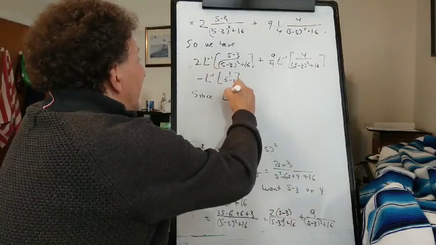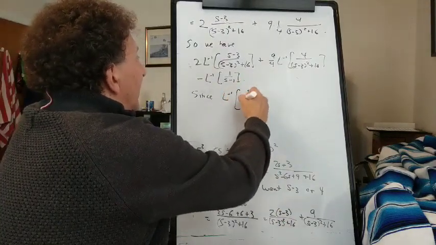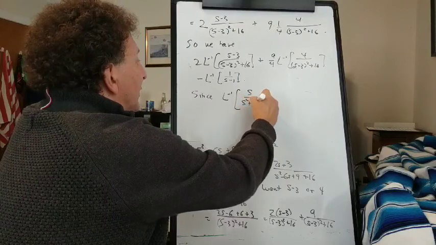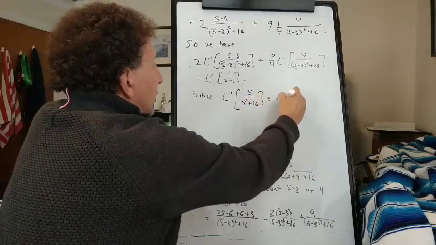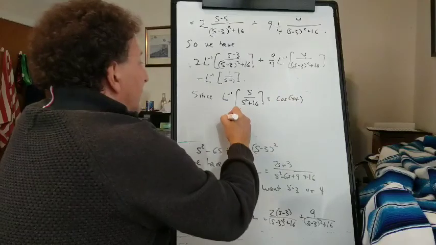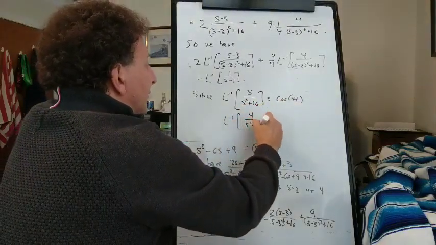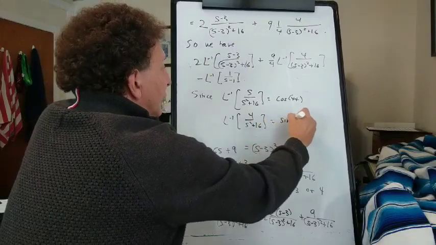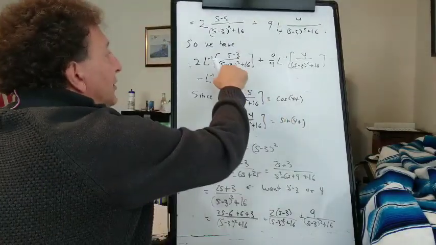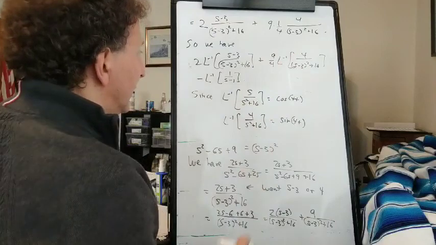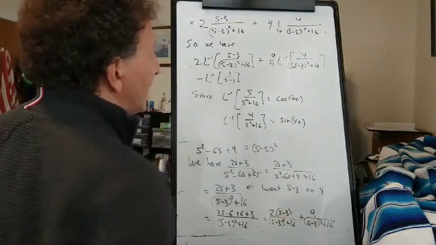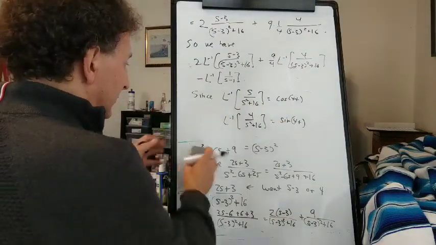Alright, now since L inverse of s over s squared plus 16 equals cosine of 4t, and L inverse of 4 over s squared plus 16 equals sine of 4t, then these shifted versions with the s minus 3 are just the same things where we multiply by e to the 3t.